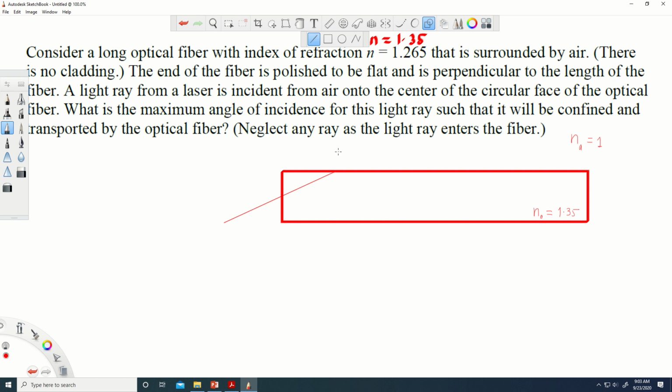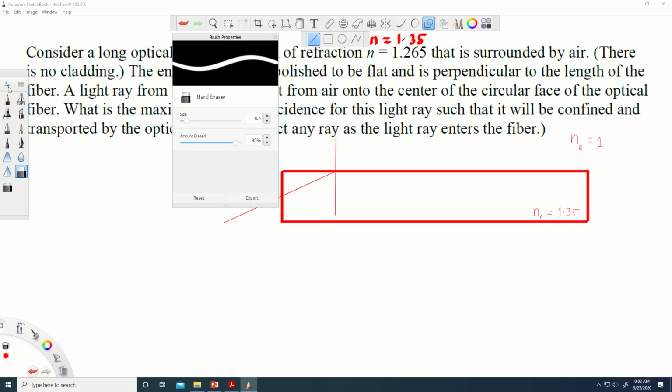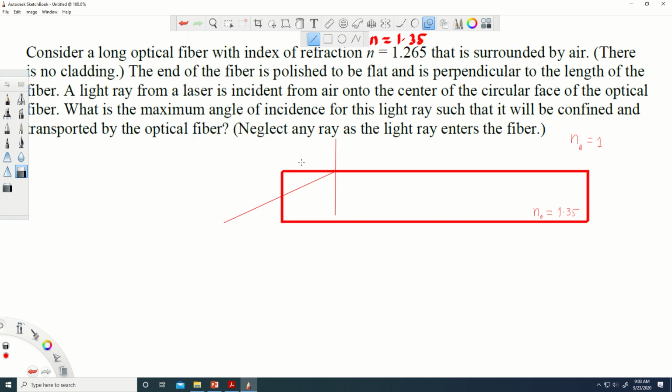Now let's draw a normal here. Okay, that's the normal. And again, angle is always measured in reference to the normal, so we usually draw a dashed line for the normal.